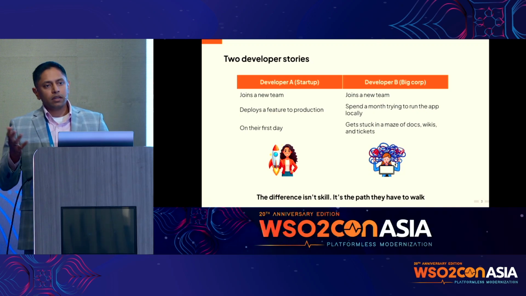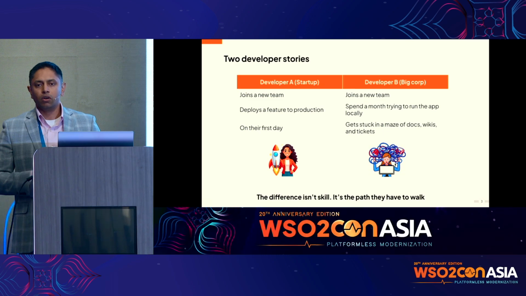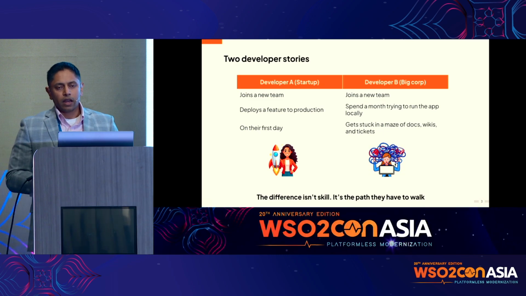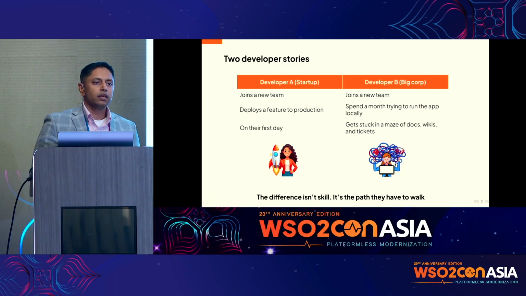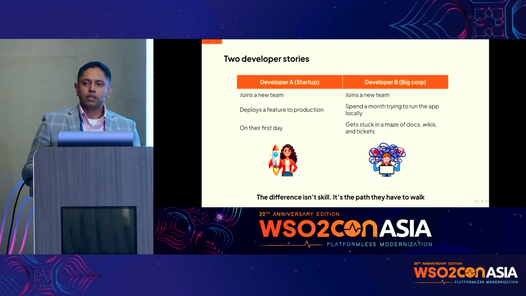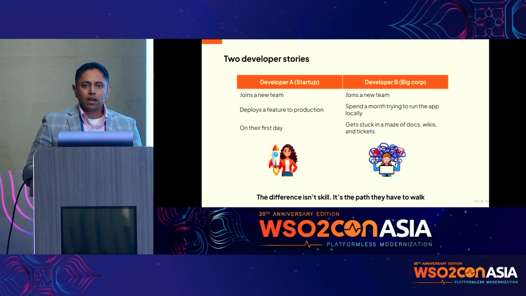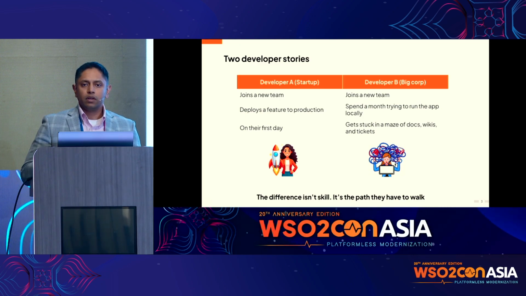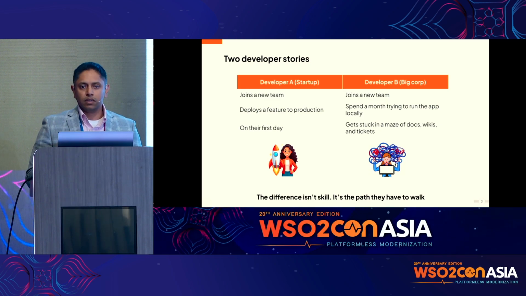On the right-hand side, another developer joins a large established organization, and in the first day, or maybe the first week, or even the first month, they are struggling to get the application running on their laptop. They are stuck in this maze of support tickets, outdated documentation, wikis, and so on.